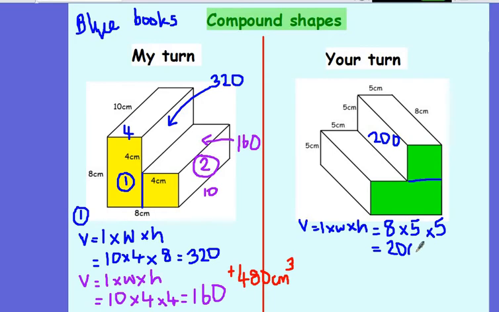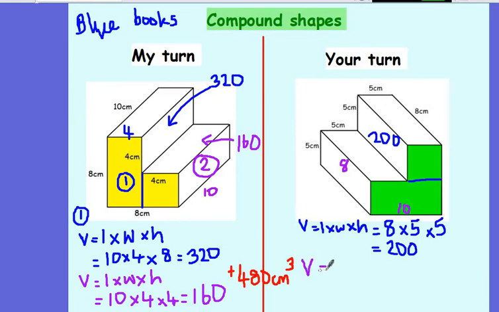Now let's take a look at the bottom cuboid. This one, we know the length is still 8 because we've been given it. We know the height is 5. However, this time the width is going to be all the way across here, which is 5 plus another 5. So our width is going to be 10 this time.